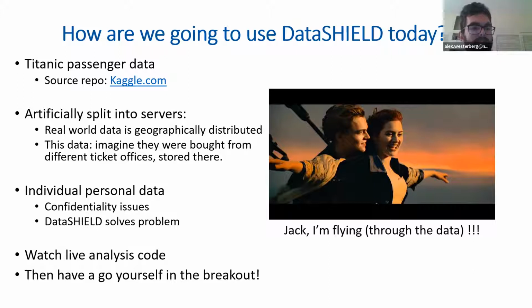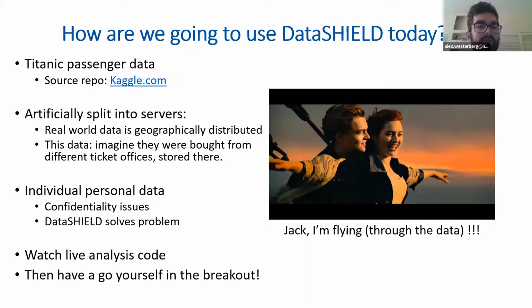And in preparation, I've split it in half to simulate these two servers as if they'd been gathered in different places. So like, say there's two ticket offices and each stored their data set locally.